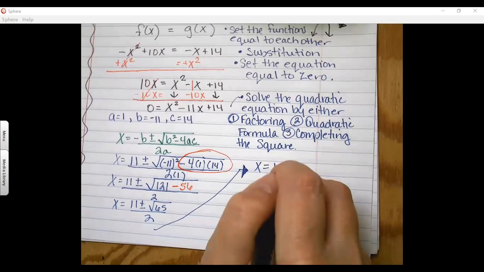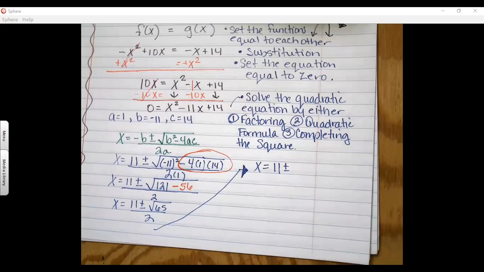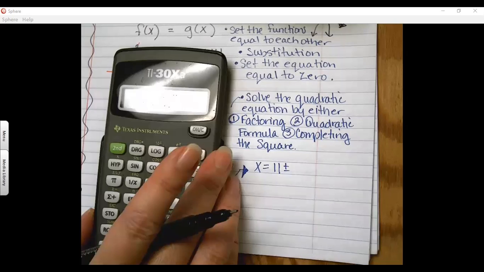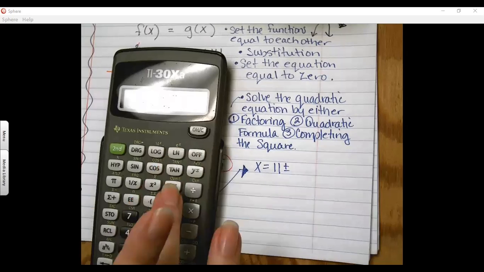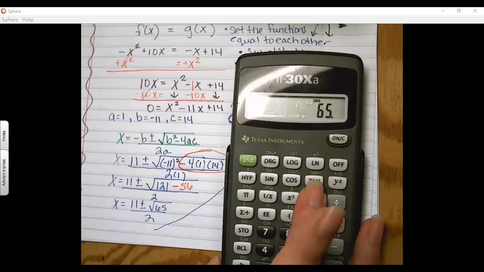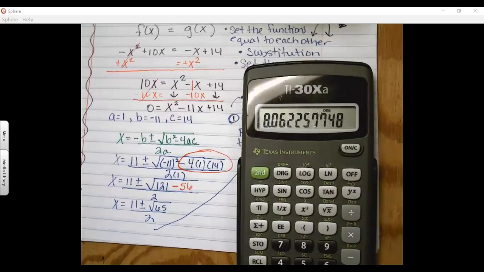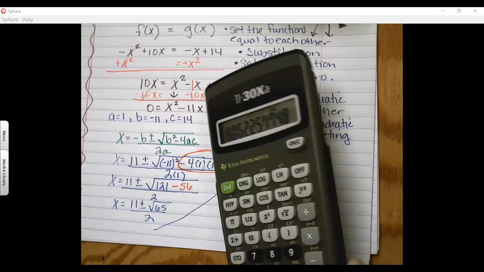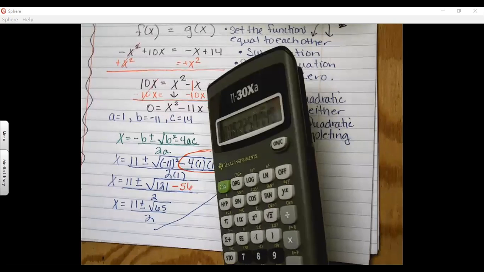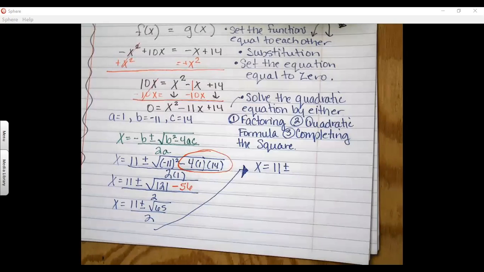I just put 65 in my calculator, and then I hit the square root button. And I get approximately 8.06, all over 2.